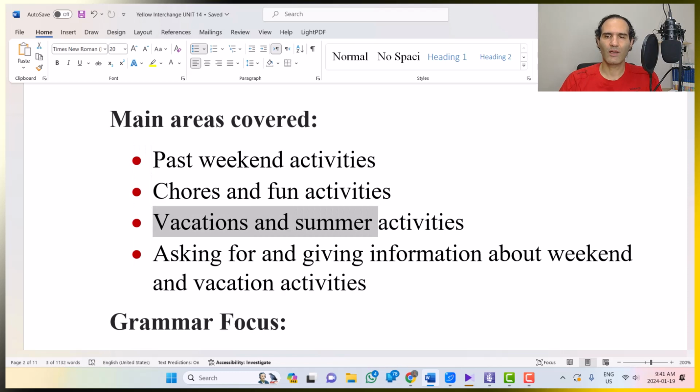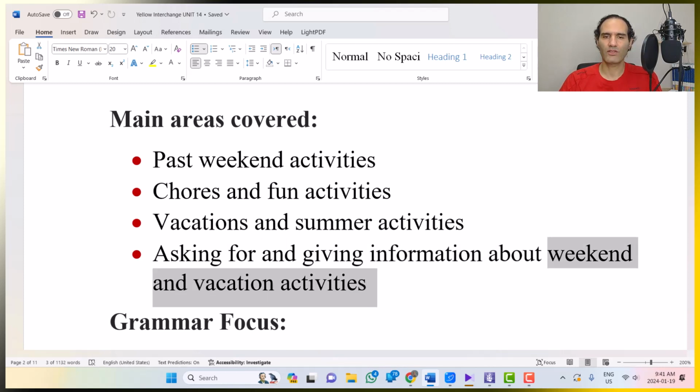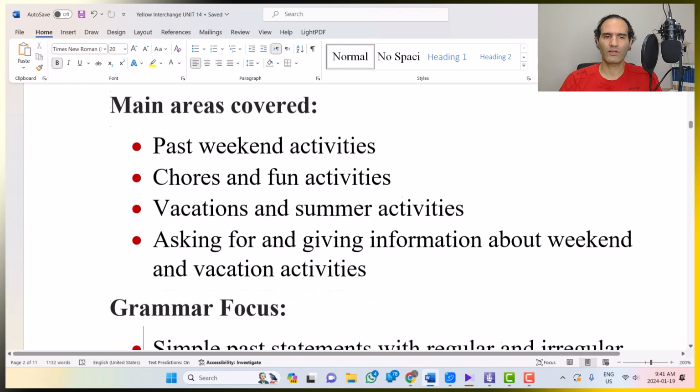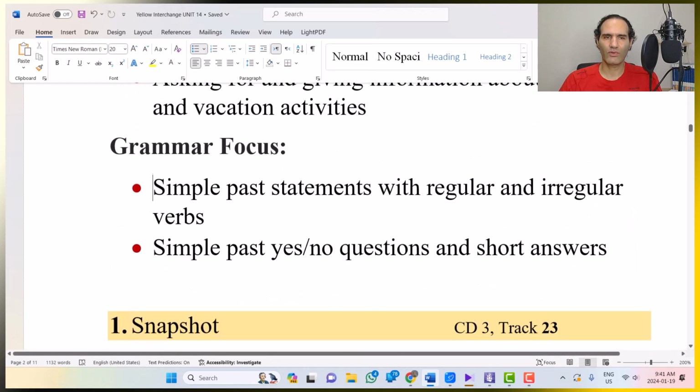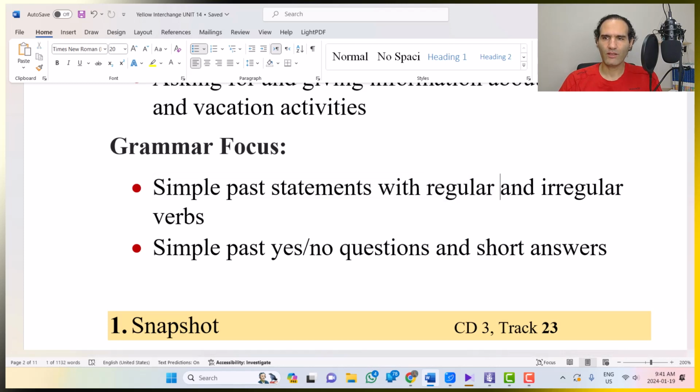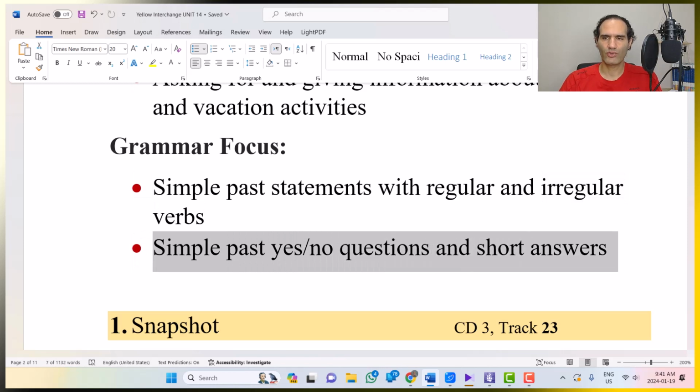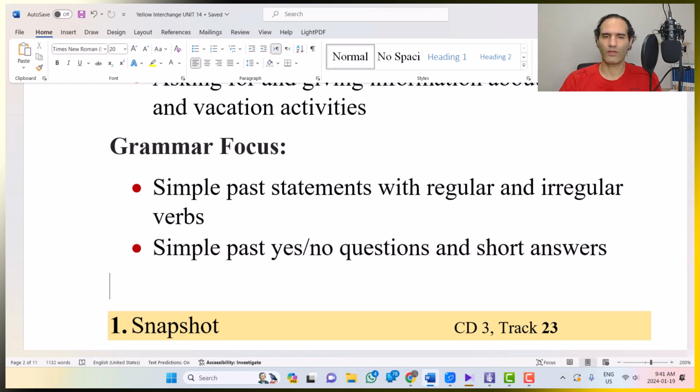Vacations and summer activities, of course, past tense, asking for and giving information about weekend and vacation activities. These are the areas under our speaking part, and for our grammar, simple past statements with regular and irregular verbs, simple past yes/no questions, and short answers. That's what we are covering today.